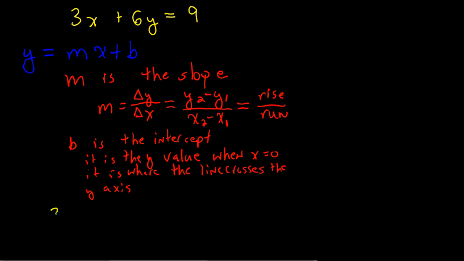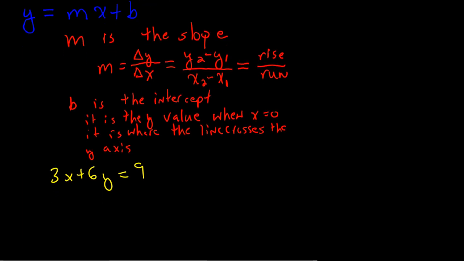So 3x plus 6y equals 9. The thing I want to focus on is that we want y and y only on its own side. We want to isolate y. In this case, I have y over here, but x is in the way. So I'm going to subtract 3x from both sides.